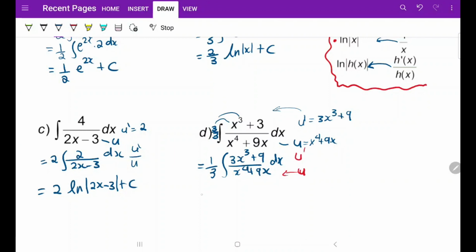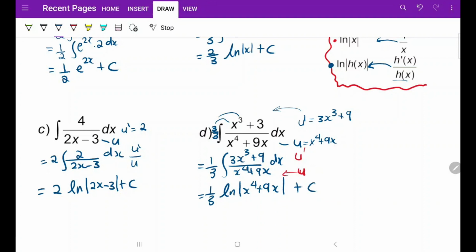Because that is the case, we can now simply apply this rule again where we're integrating. So I've got a function, I've got its derivative, and therefore this becomes 1 over 3, the ln of the absolute value of x to the 4 plus 9x plus the constant of integration.